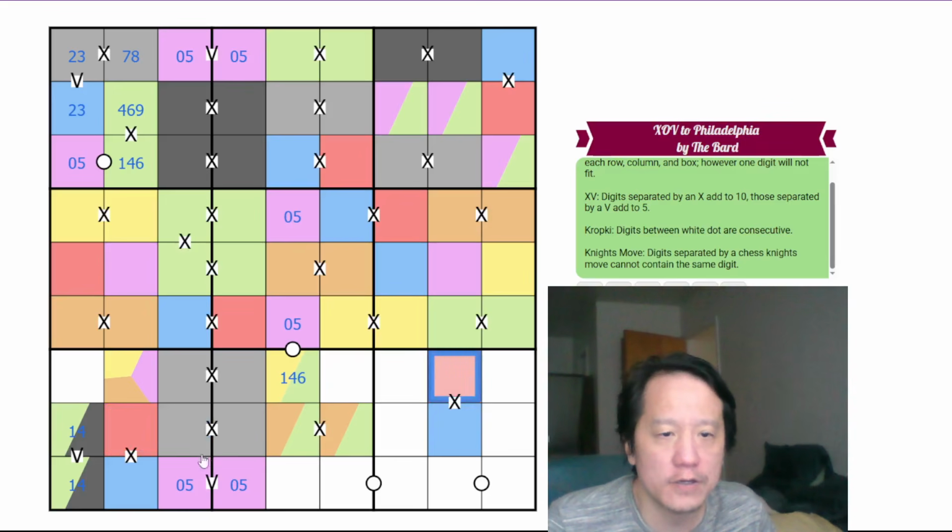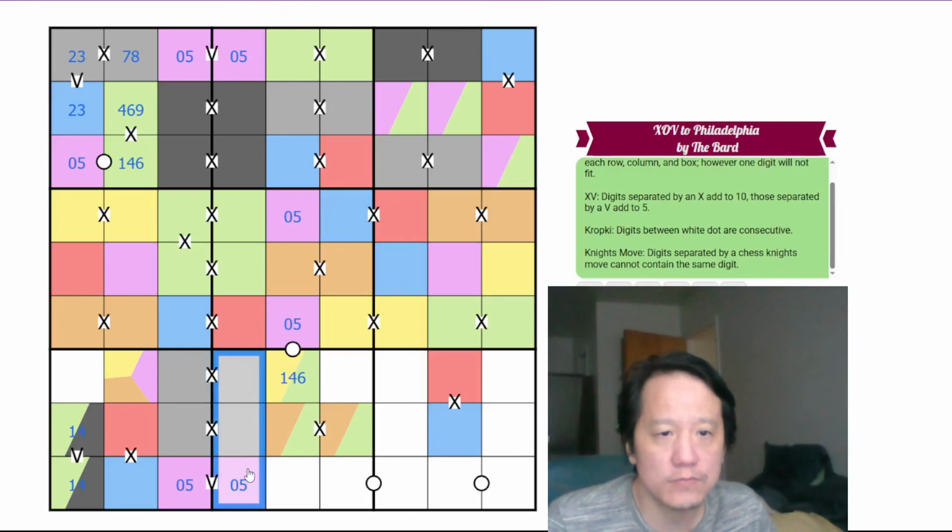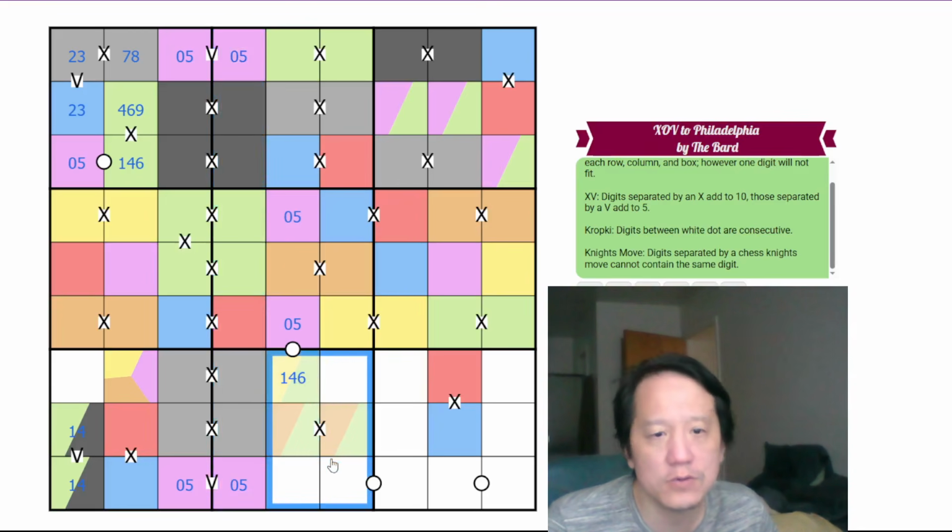We have red here, red here. We're missing red in box 1. We're missing blue in column 4. So blue cannot be any of these cells here. So that means we have to have a red somewhere here.